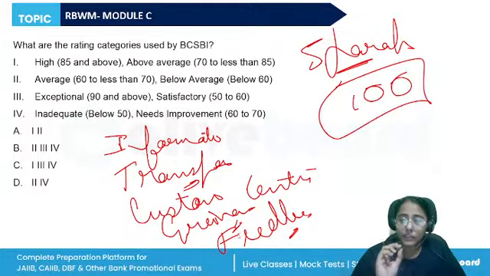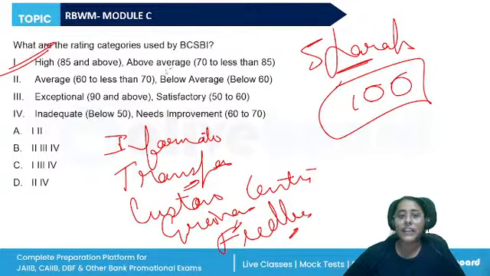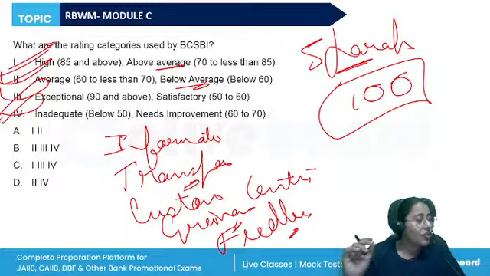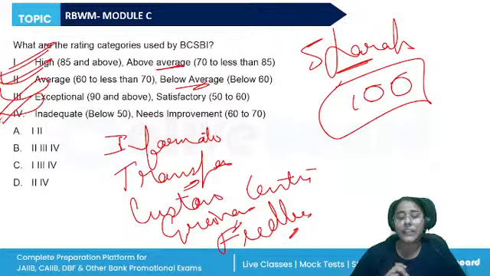If the score is 85 and above, it is high. If the score is between 70 and 85, it is above average. If the score is 60 to less than 70, it is average, and below 60, it is below average. Exceptional or inadequate is not a rating category. So: high, above average, average, and below average.